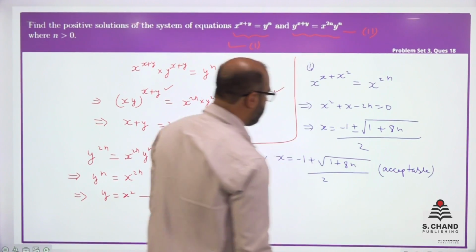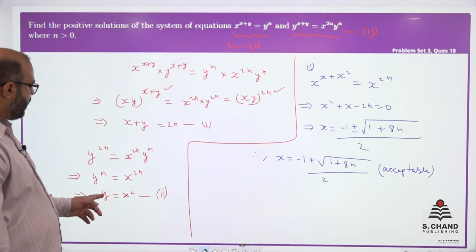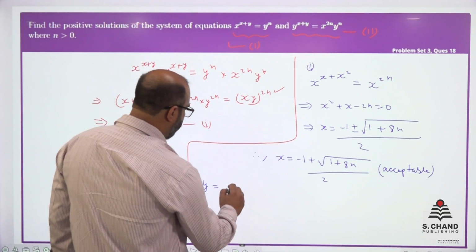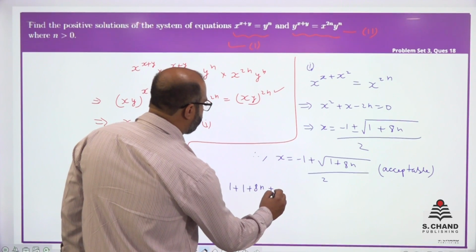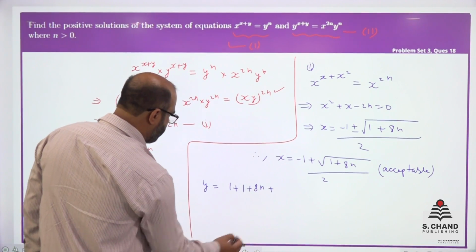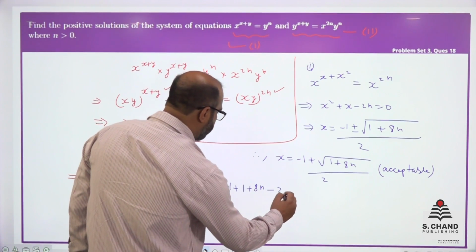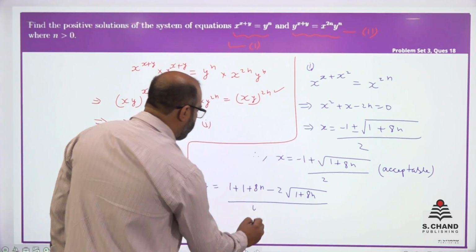And further, if you want to find y, let us just see here, y is equal to x square. So, square of this will become 1 plus 1 plus 8n minus 2 root over 1 plus 8n upon 4.